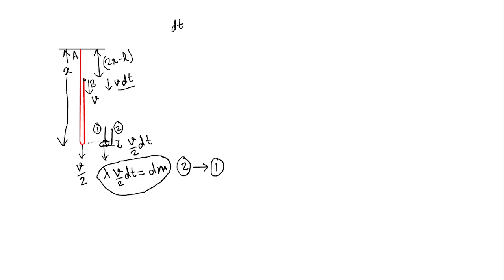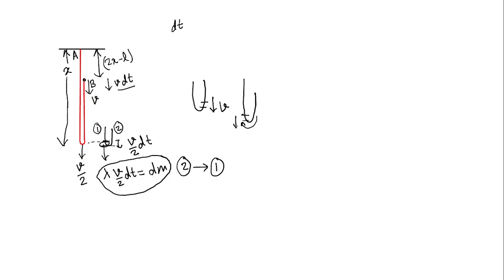Okay. Now you see what is the change in momentum of this dm. When this dm was here, it was traveling down with velocity V, and when the same dm reached here, what is its velocity?